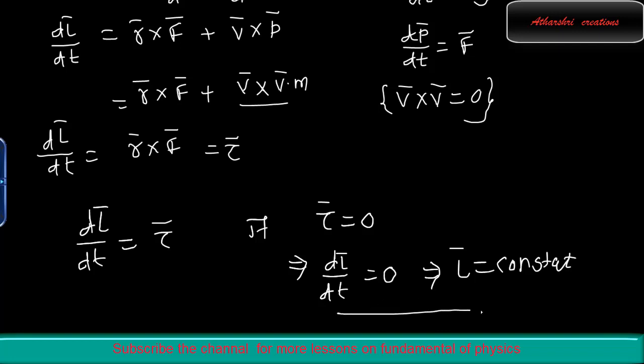This is the principle of conservation of angular momentum. When external torque acting on the body is 0, the angular momentum always remains constant.